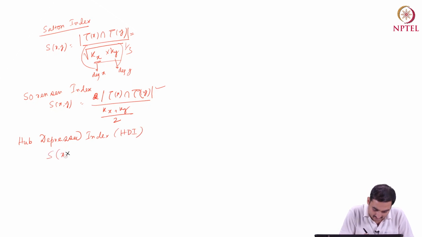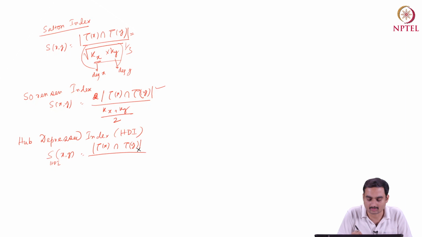This HDI between x and y is the neighborhood of x intersection neighborhood of y. You see that this numerator is almost the same for all the cases, only the denominator changes. And then you have the max of k x and k y. Here we were not taking the average, here we are taking the max.